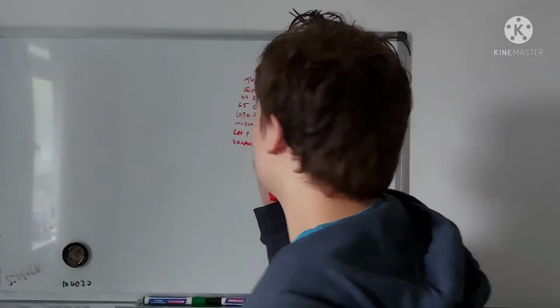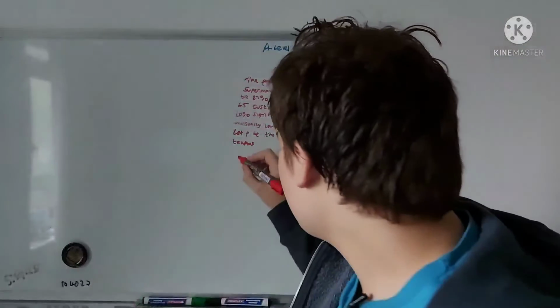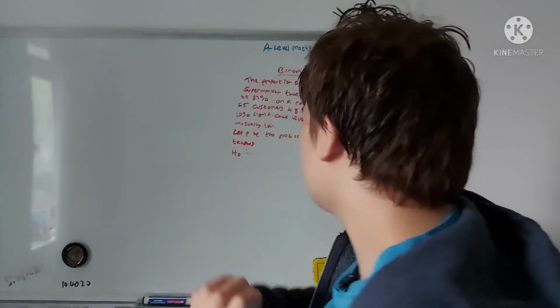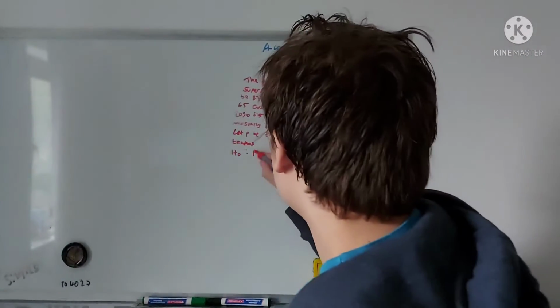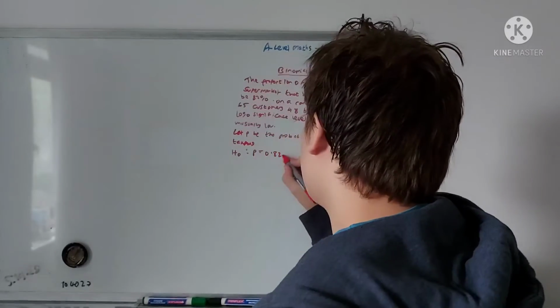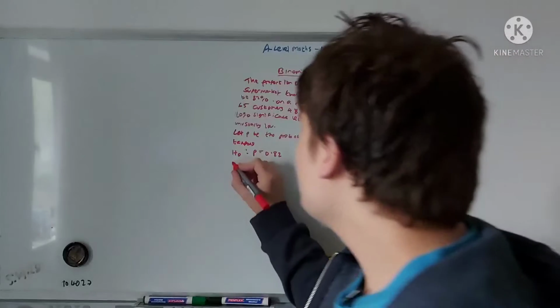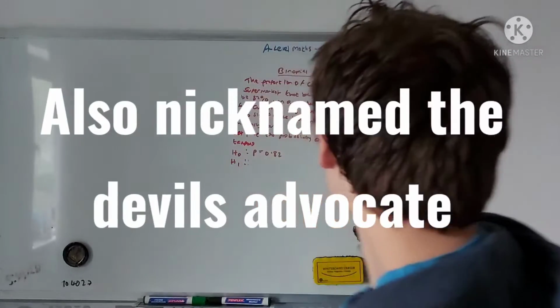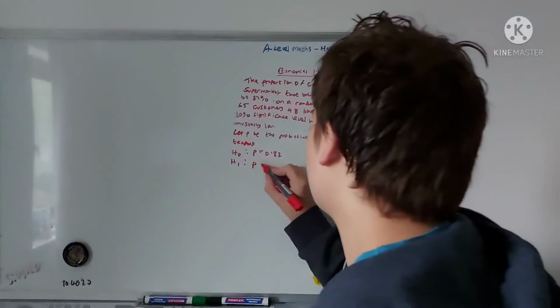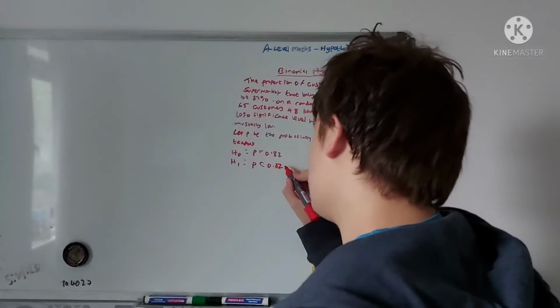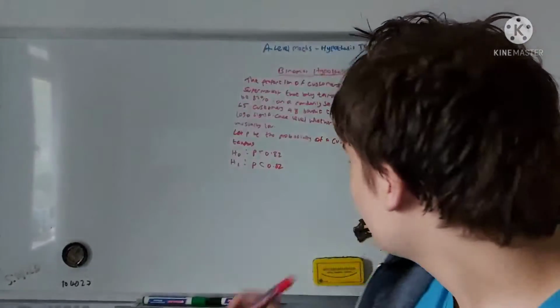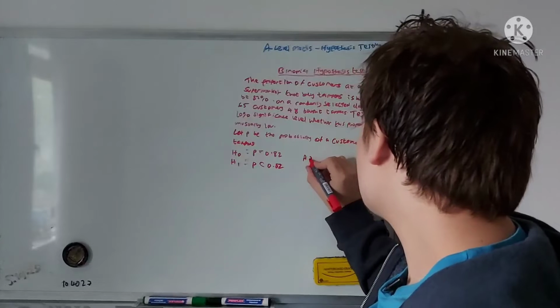Okay, so that's the first stage. Next bit, H0, the null hypothesis. Well, the null hypothesis will say that the probability will be equal to 0.82, the 82%. The alternative, well, you want to see if it's unusually low, so it says the probability has to be less than 0.82.